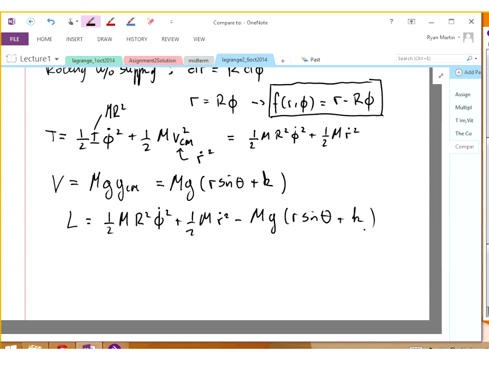So now our prescription is we have two generalized coordinates, r and phi, and as is, we cannot vary them independently unless we add in a Lagrange multiplier.